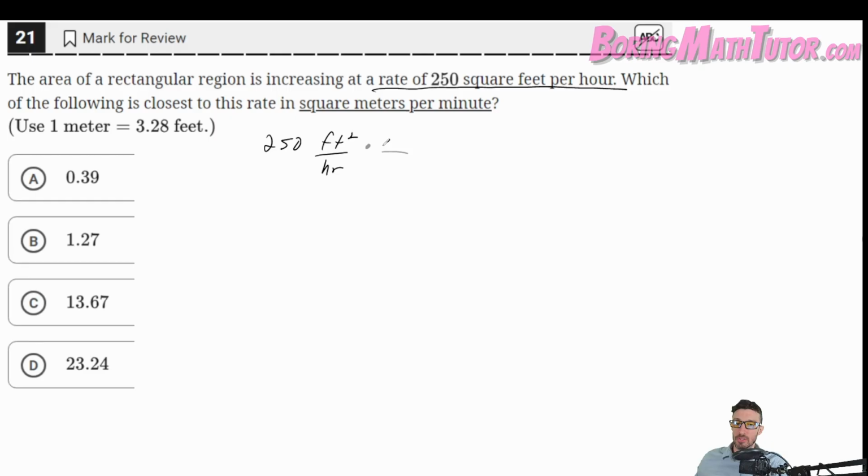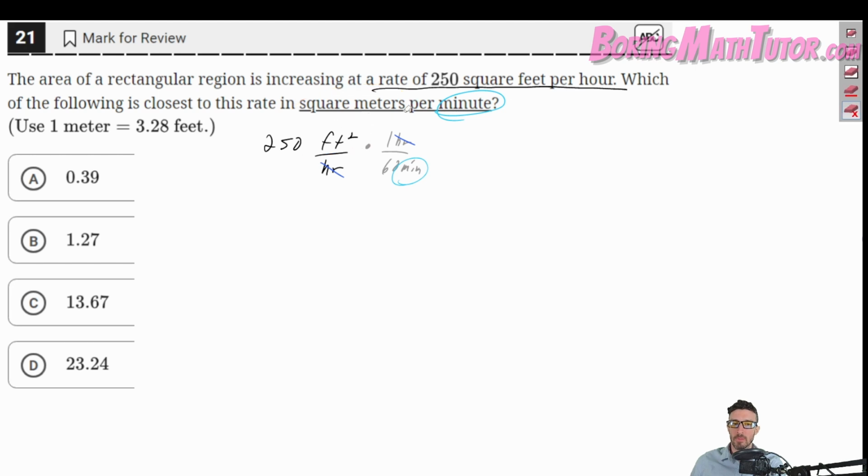Now, the easiest one to understand first is that in 1 hour, we have 60 minutes. We're going to multiply by that because it will cancel out the hour unit and leave us with the minute unit that we want. Okay, so that's good.